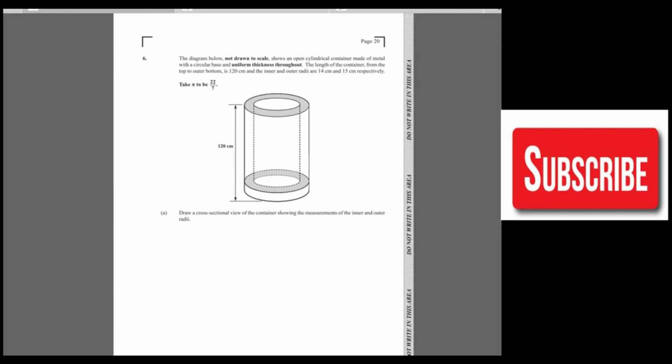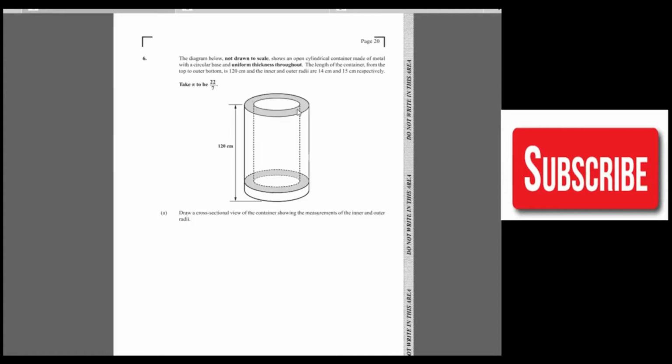The length of the container from top to outer bottom is 120, and the inner and outer radii are 14 and 15 centimeters respectively. Now it says, draw a cross-sectional view of the container showing the measurements of the inner and the outer radii.